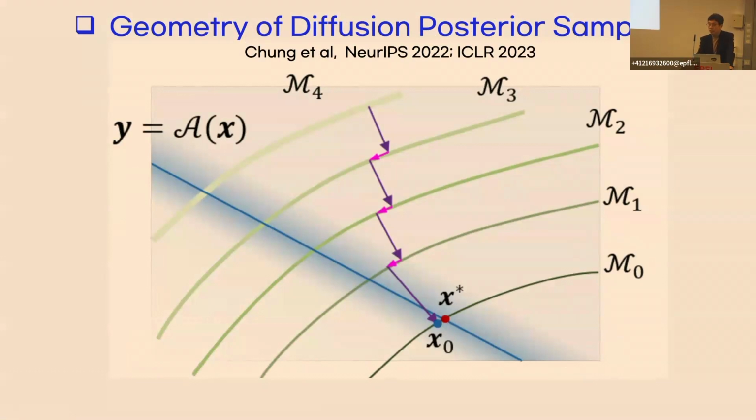Now our goal is to find it with the diffusion model. But in diffusion models, instead of starting from here, we start with the noise manifold. There is a discrete set of noise manifolds, as I mentioned before, because of the noise schedule. And in order to find these positions, you need to design a trajectory such that you can guide this sampling procedure to end up at these positions.